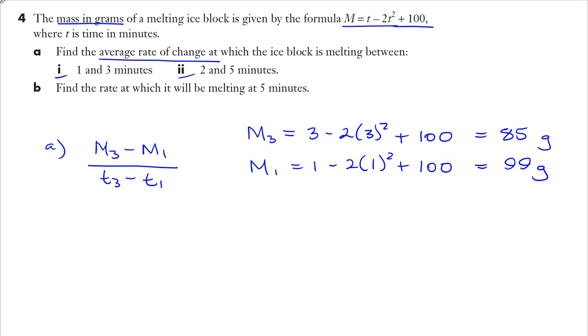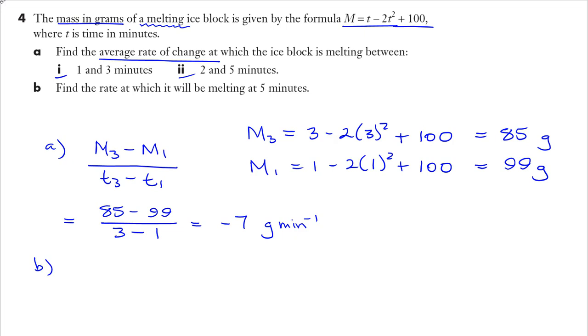So the mass after 3 minutes is less than after 1, which makes sense because the question says this ice is melting. So the average rate of change will be 85 minus 99 all over 3 minus 1, which gives a value of -7, and the units there will be grams per minute. So we'll write g with min to the -1.